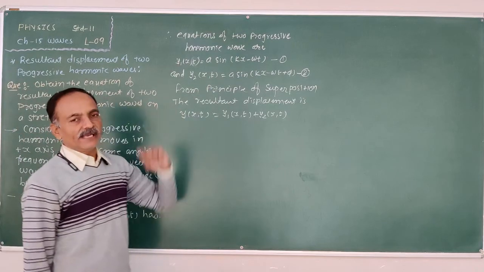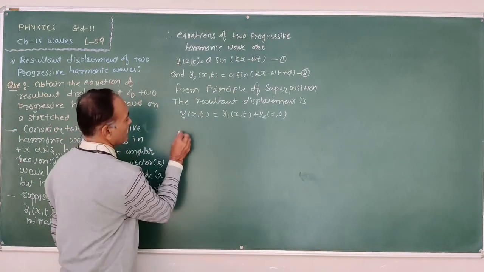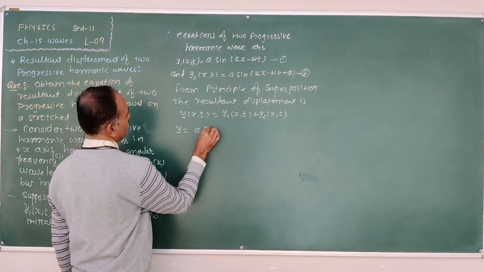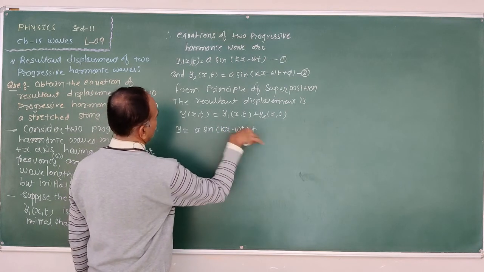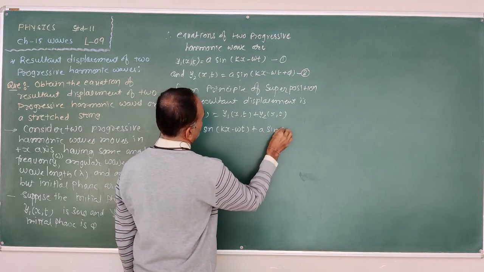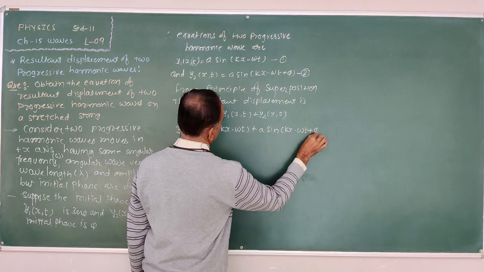Now from equations 1 and 2, we substitute the values of y1 and y2. Therefore, y = a sin(kx - omega t) + a sin(kx - omega t + phi).